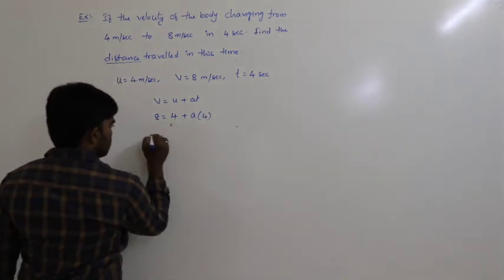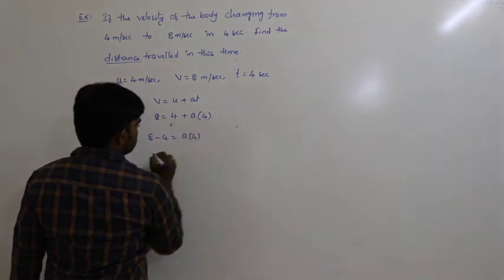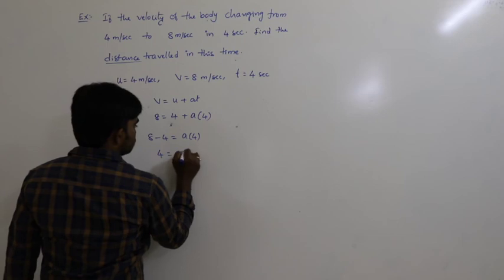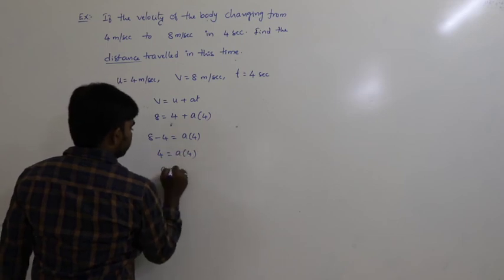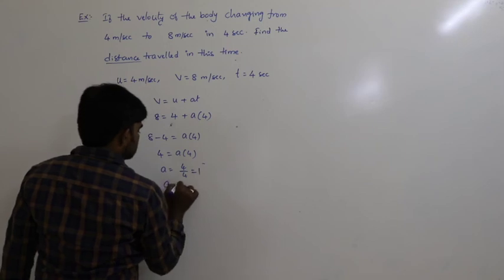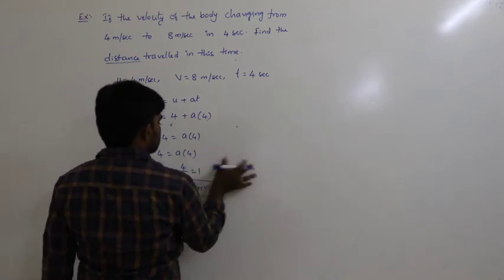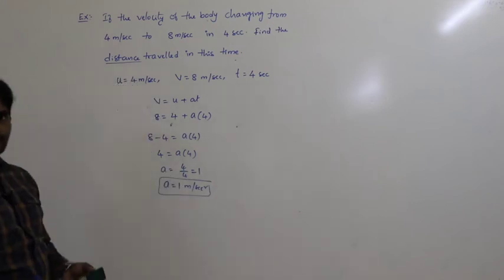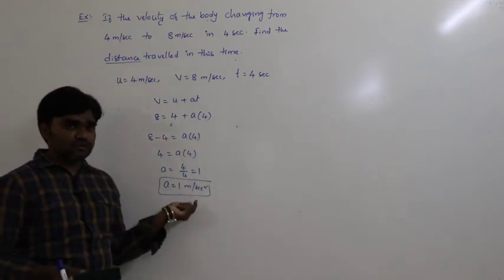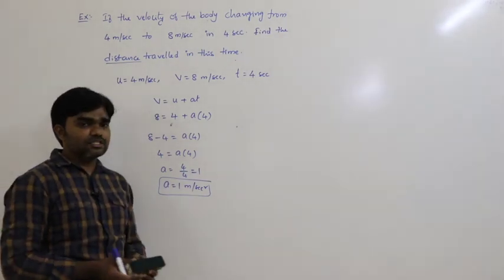So 8 minus 4 equals a into 4. 4 equals a into 4. Therefore, a equals 4 by 4, which is 1. So the acceleration of the body is equal to 1 meter per second square.